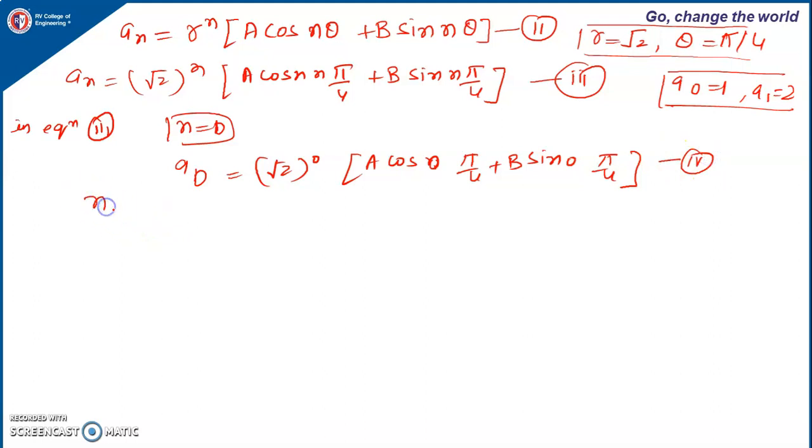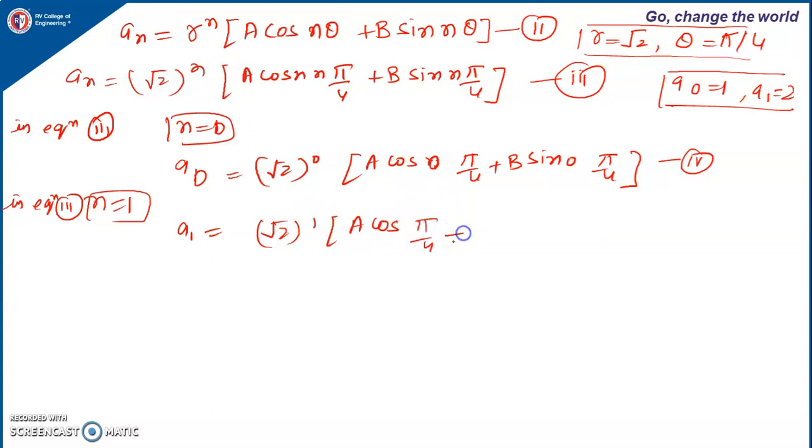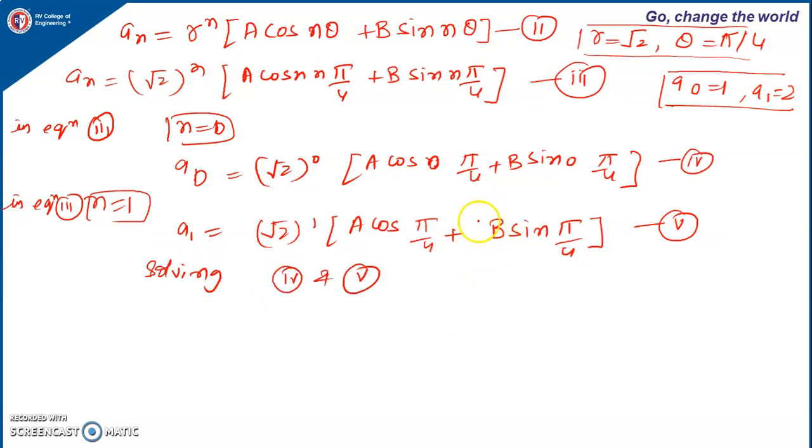And if I put n as 1 in equation 3, I get a1 is equal to the square root of 2 power 1 times (a cos pi by 4 plus b sin pi by 4). This is equation 5. Solving equations 4 and 5, we will get the values of a and b.